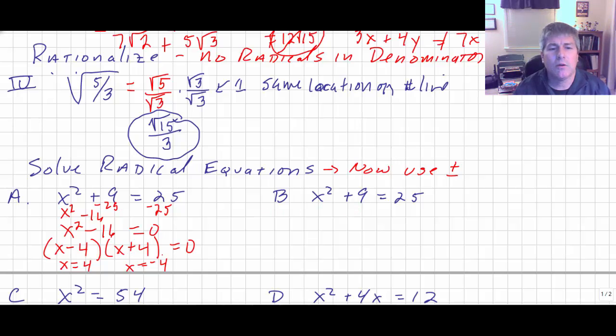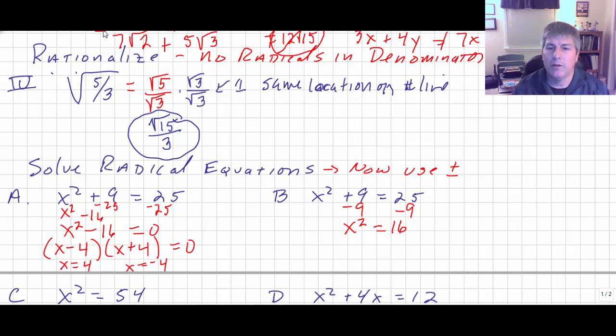So let's take a look here. We got two values for x here, 4 and negative 4, and if I substitute back, you'll see that they both work. Let's try the same example, but looking at it a different way. If I subtracted 9 from both sides, I get x squared equals 16.